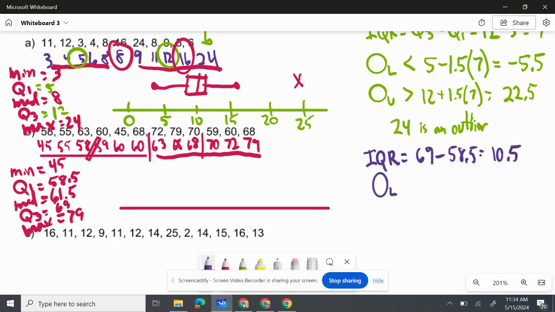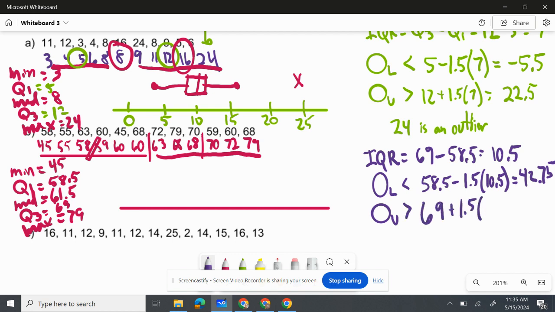To find our lower outlier, we take our Q1 value and subtract 1.5 times 10.5, which gives us 42.75. Then for our upper outlier, we take 69 plus 1.5 times 10.5, and that gives us 84.75.